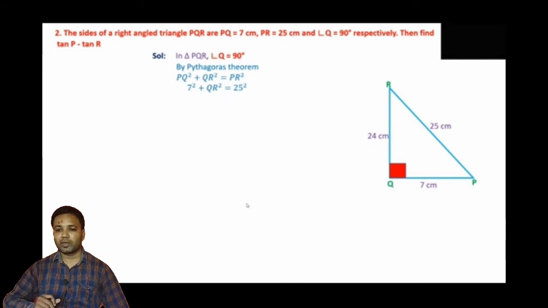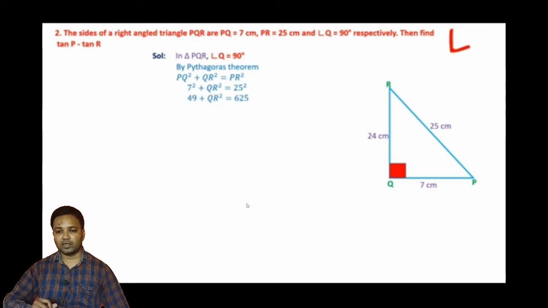Here PR is the hypotenuse, and PQ and RQ are the sides of the right angle. Therefore PQ square plus QR square equals PR square. So I am just going to substitute the values given in the triangle.